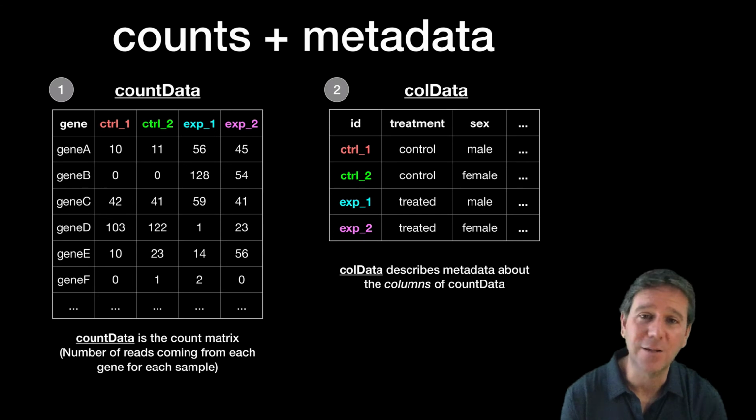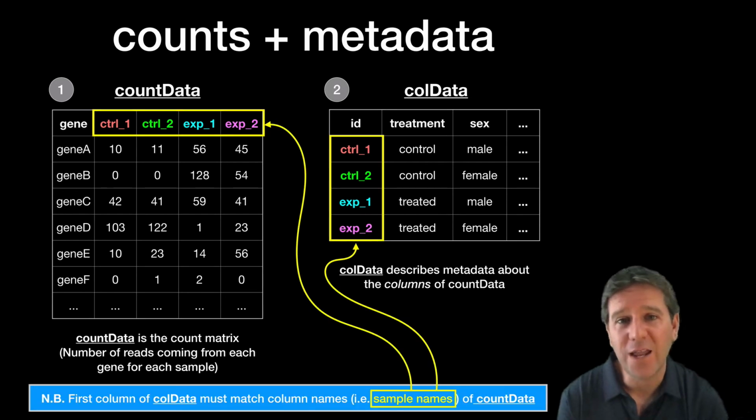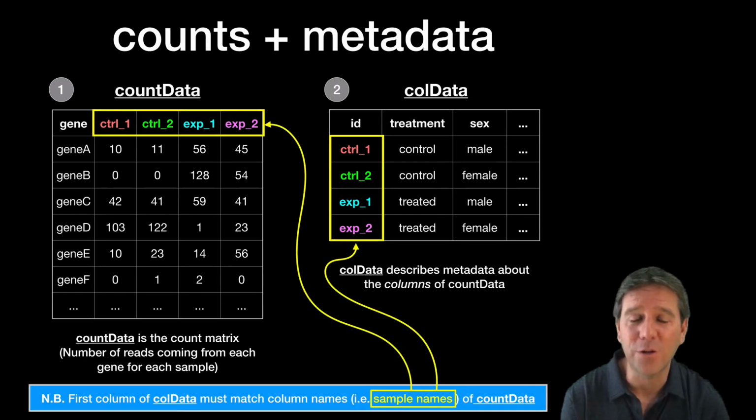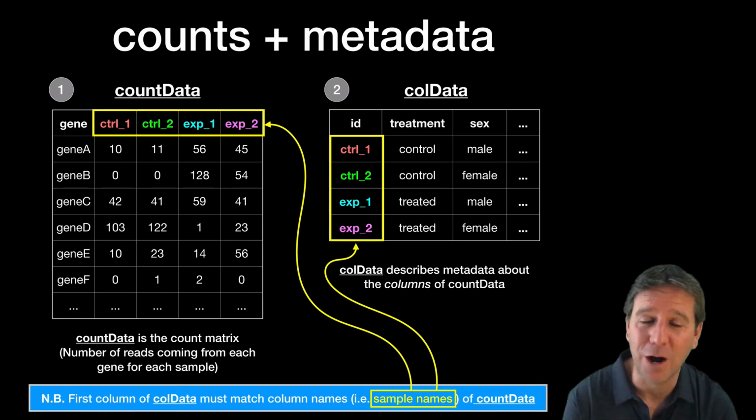It basically tells us about our experimental design setup, which columns in our count data are drug treated, for example, and which are control. Here it is spelled out by this metadata table. Now, the vitally important thing here is that there must be a strict correspondence between the first column of this metadata, the colData here, and the sample names or the column names in that count data. So we need this correspondence in order to do our comparisons properly.